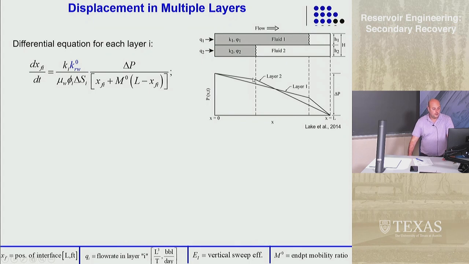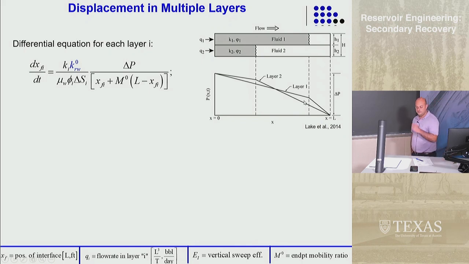Layer number 1 is going to have this slope up until this point. We've got this low viscosity water, and then the high viscosity oil is given by this slope over here. One thing that you see, interestingly, is that the pressures cross. So for part of the time, layer 2 has a greater pressure than layer 1, but later on, layer 1 has a greater pressure than layer 2.